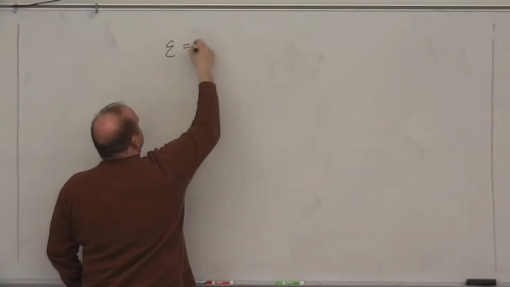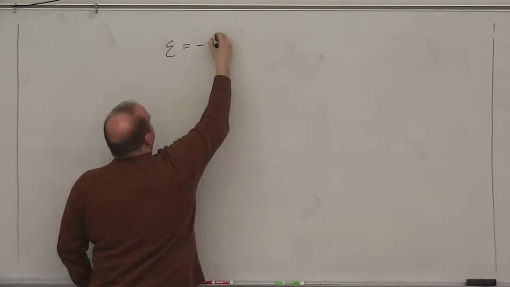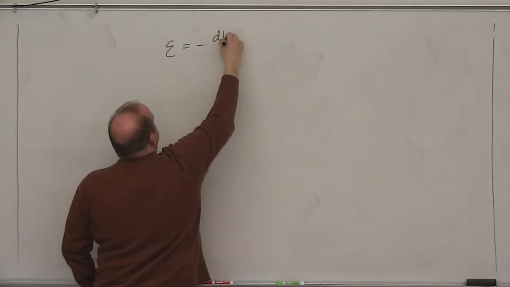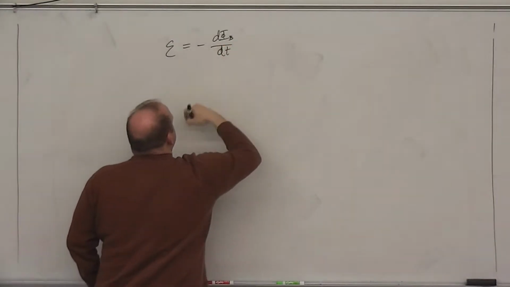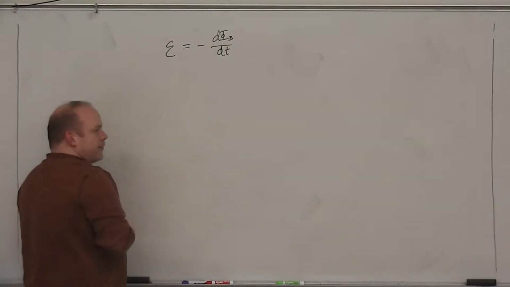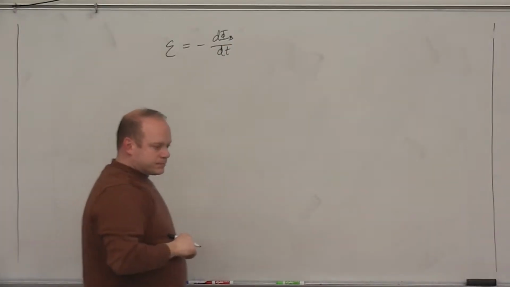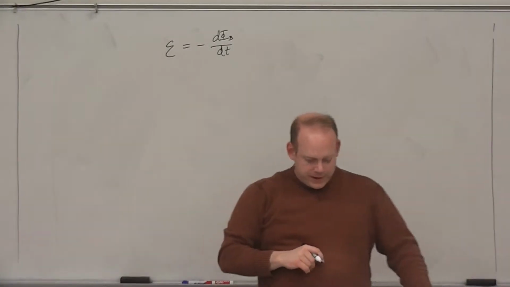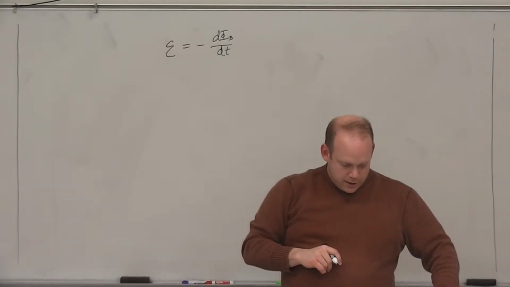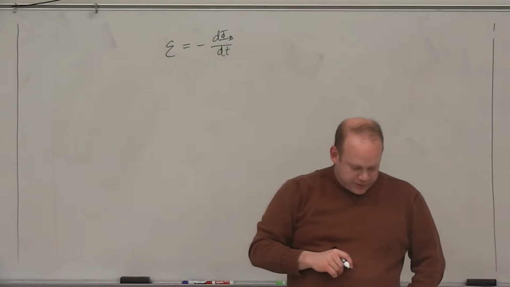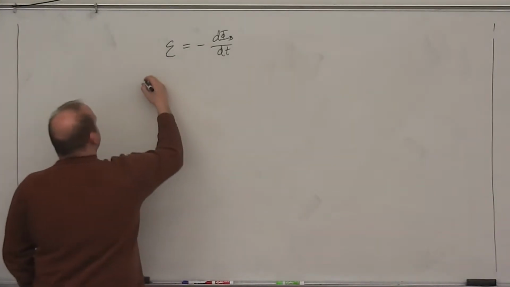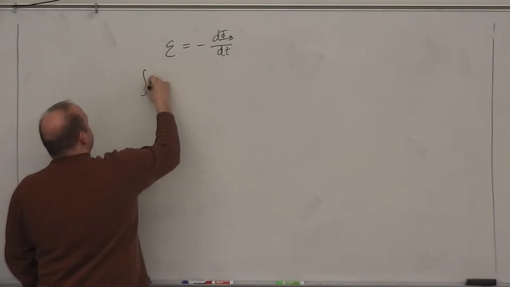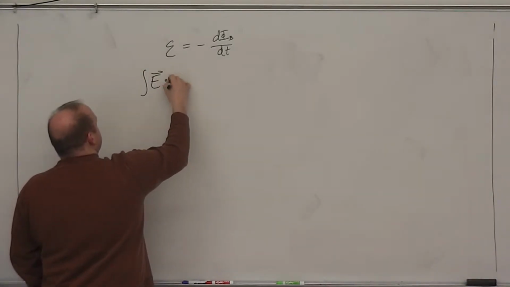Now, what we talked about with that, I'm just going to say very briefly on 30-6, is that we said there was an EMF produced equal to negative dΦB/dt. If I expand that, remember voltage: we talked about the voltage through a particular electric field, and we could say this was equal to the integral of E dot ds.